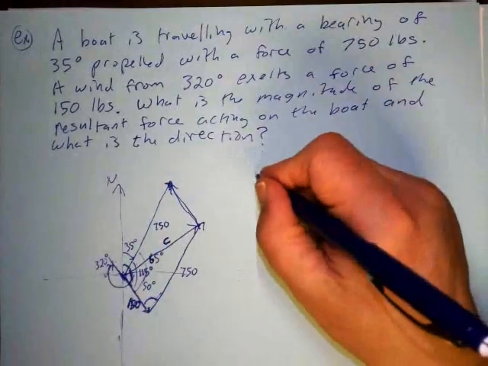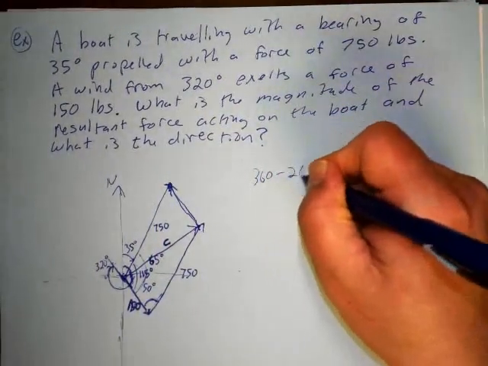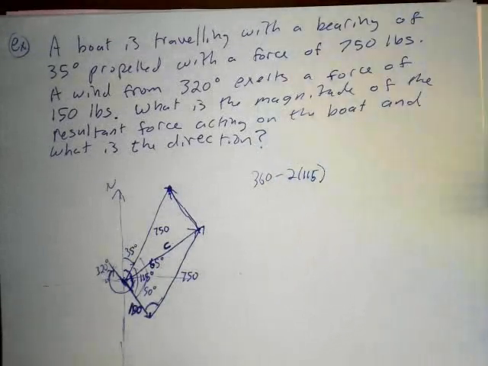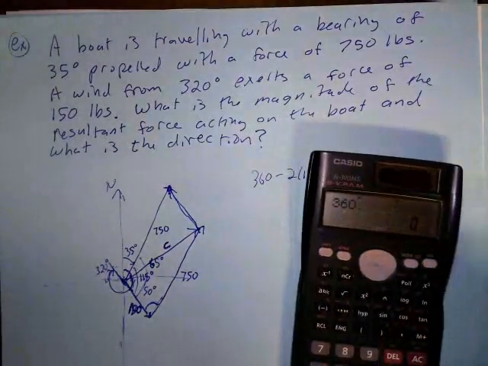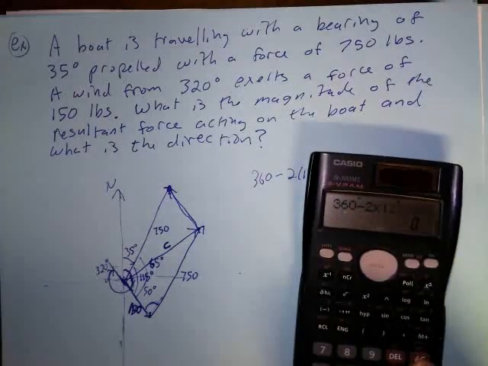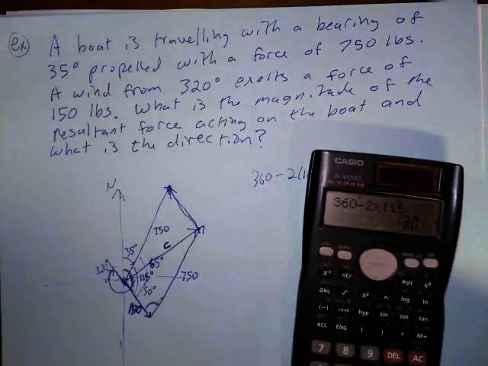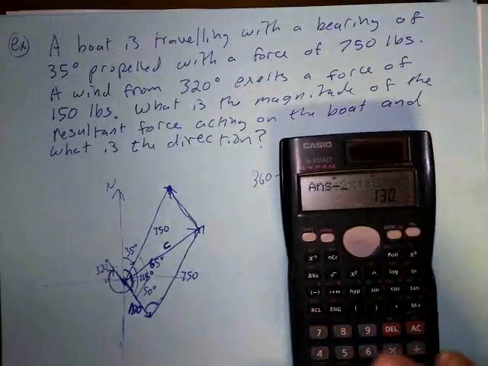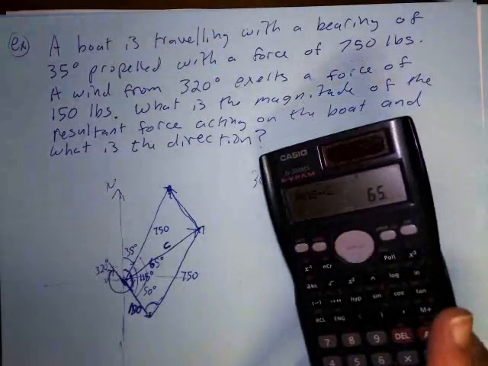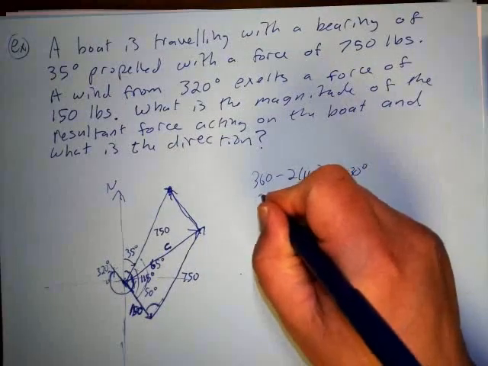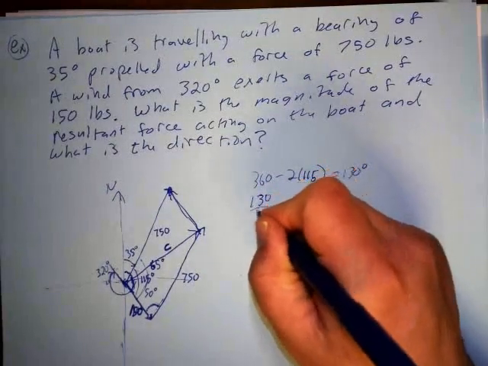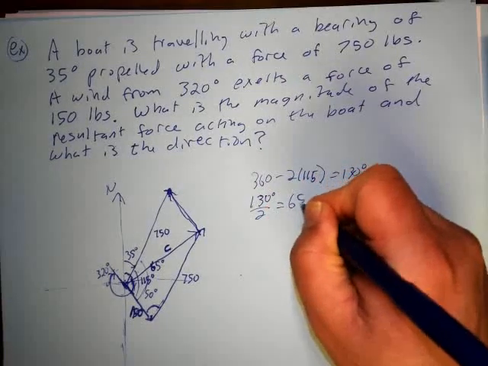Then I need this angle. To get that angle, I'm going to do 360 minus 2 times 115, which equals 130, and then I'm going to divide it by 2, and that would be 65 degrees.